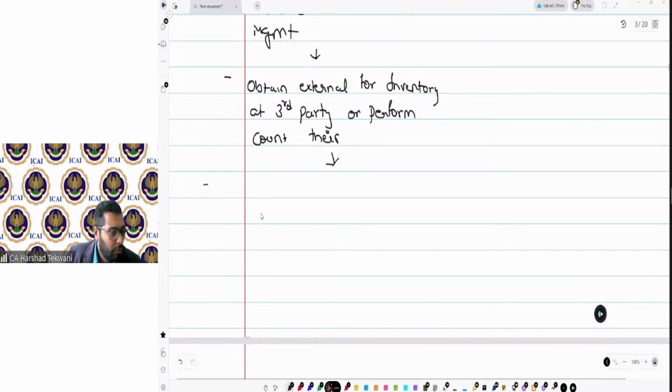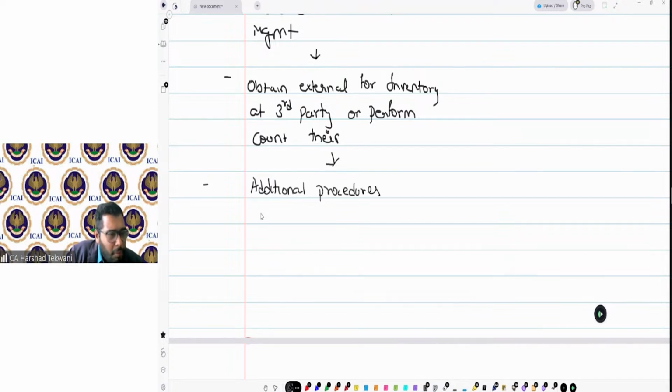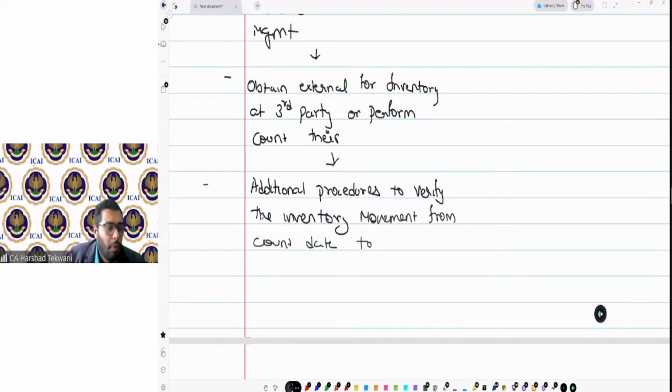So additional procedures to verify the inventory movement from count date to FS date, that's the year end.